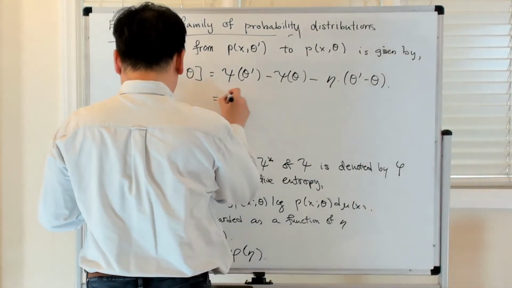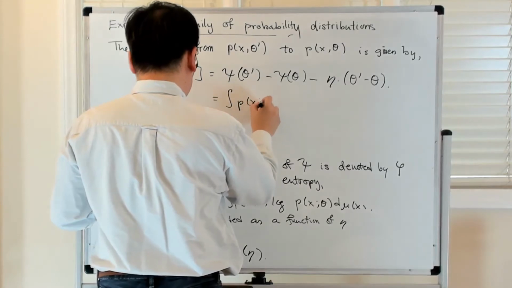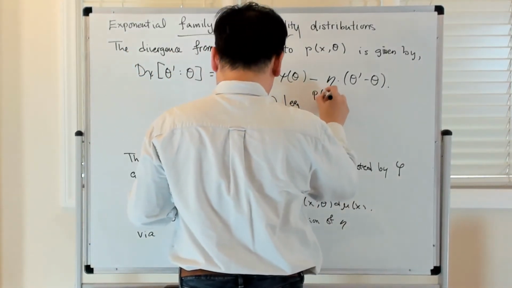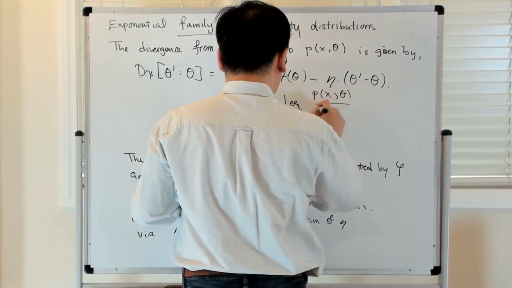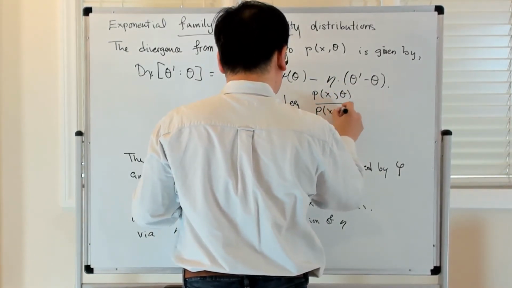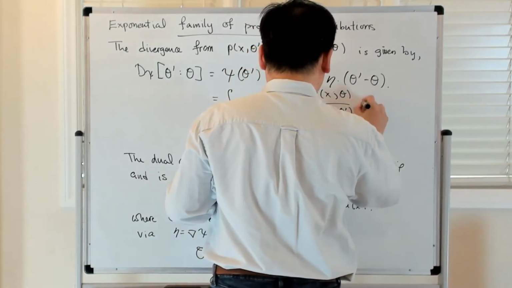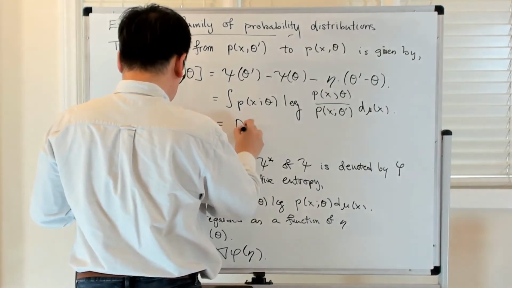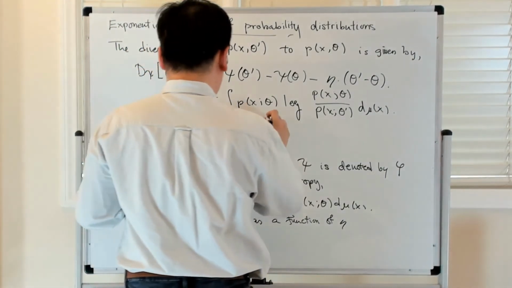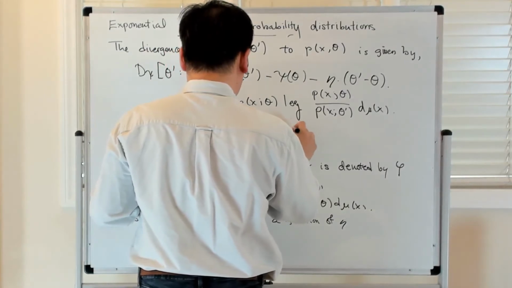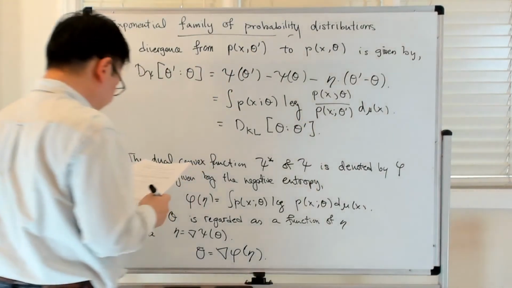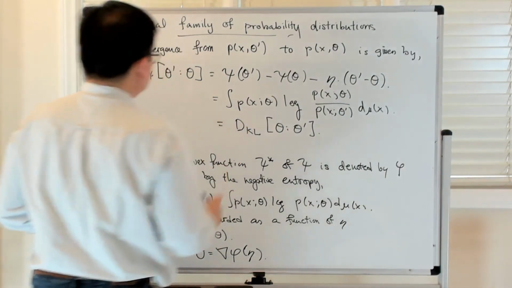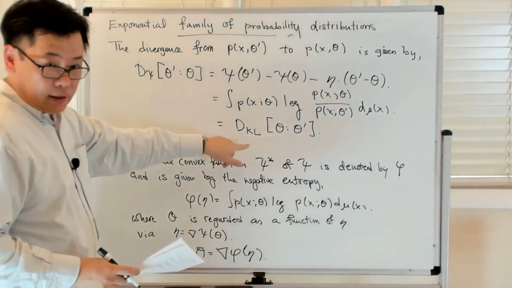This is equal to the integral of p(x, theta) log of p(x, theta) divided by p(x, theta prime) d mu(x), which is of course just the KL divergence from theta to theta prime. As I said, the divergence is related to the KL divergence.